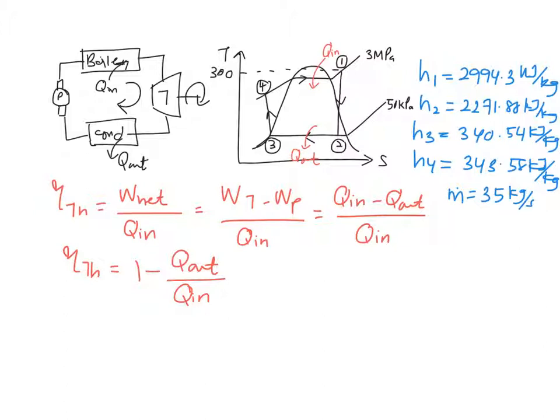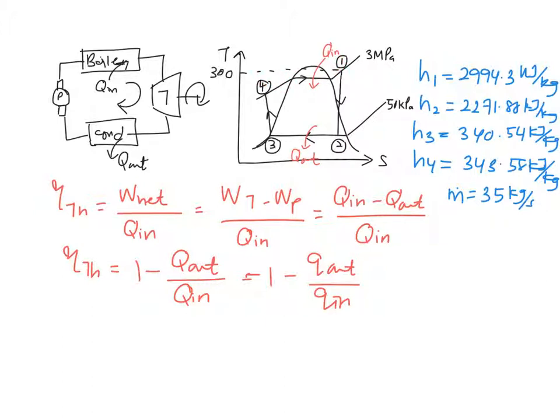So in this case, because you don't have your mass, it's just in kilojoule per kg, so you need to have 1 minus your Q out over your Q in. It is a specific heat, right? So your Q out is in between state 2 and 3, okay, and your Q in is between state 1 and 4, okay.